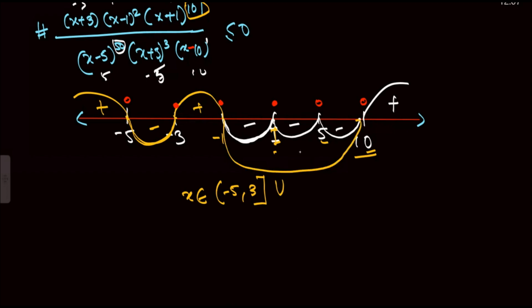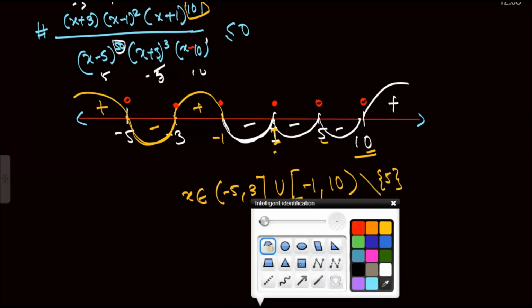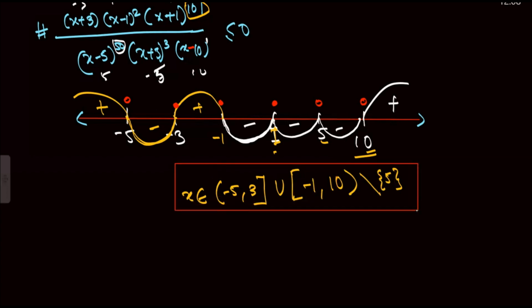Then -1 solid, comma, 10 hollow. And this 5 is hollow. Therefore, the point 5 will just get detached from it. You have done inequalities, so you will know this means this minus the point 5. So this is our required solution.